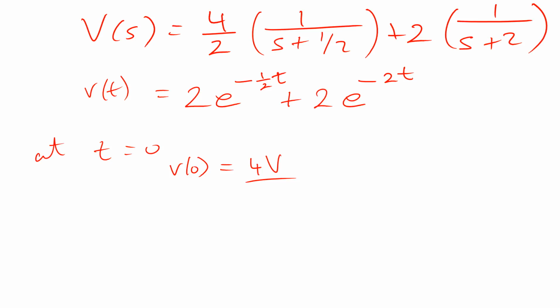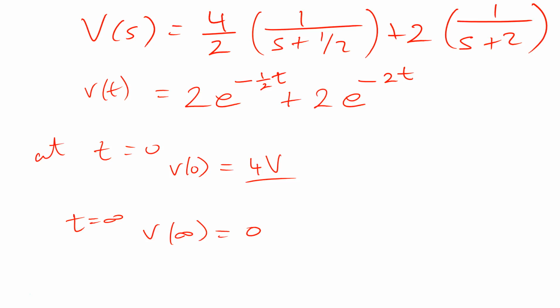And then at t is equal to infinity, e to the minus infinity is 0, e to the minus infinity is 0, so I'll get V infinity is equal to 0. And we know, of course, in steady state, the inductor will be a short circuit, so the voltage across it should be 0. So it looks like it's okay.